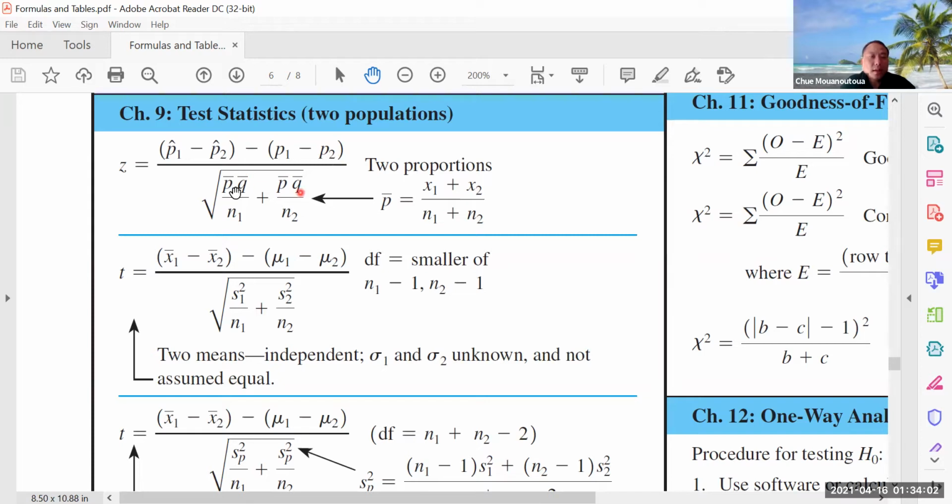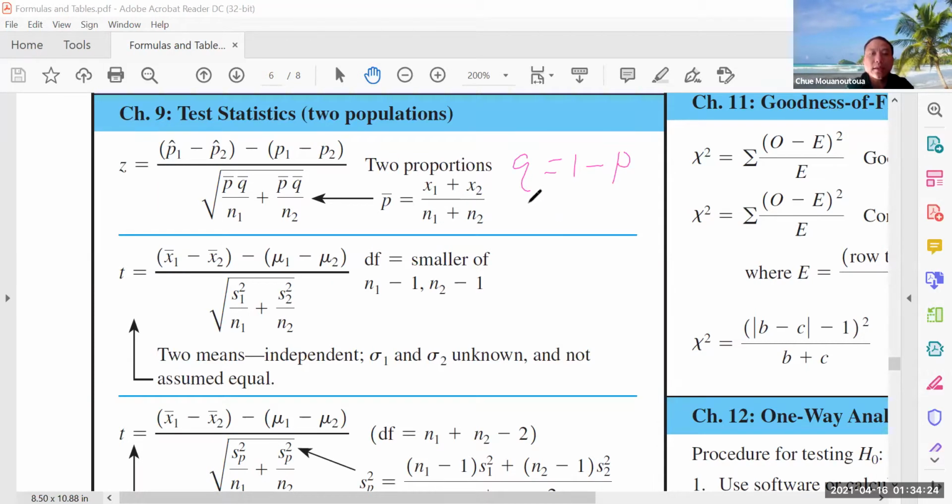Here I have this P bar, Q bar. Now, just like Q is equal to 1 minus P, the same thing happened here.